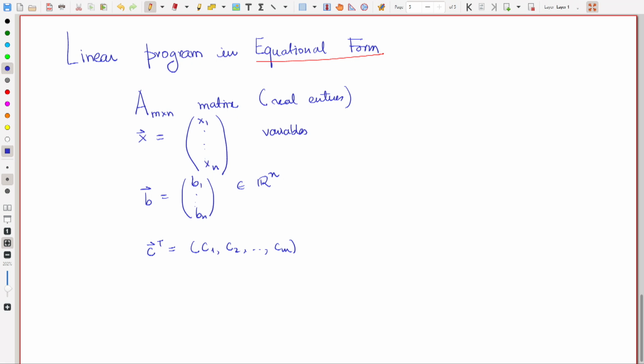So this is the data, and the problem is to maximize c transpose x. What is this? This is just c 1 x 1 plus c 2 x 2 plus up to c n x n.